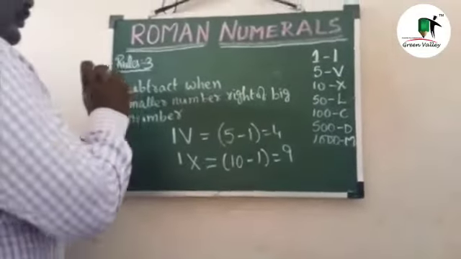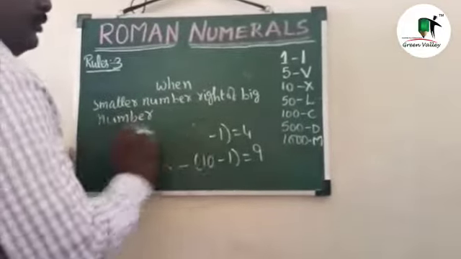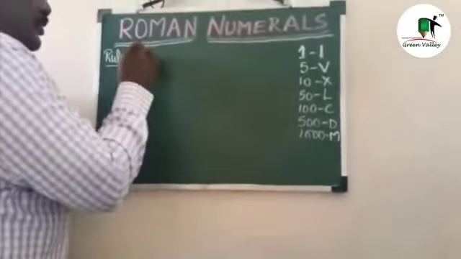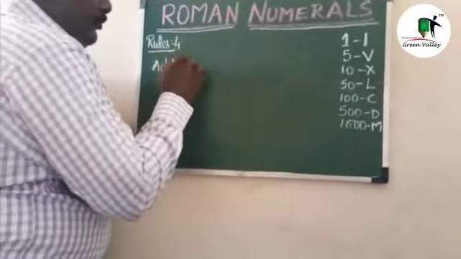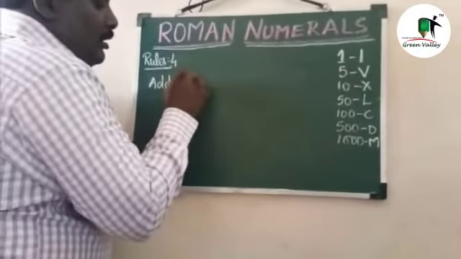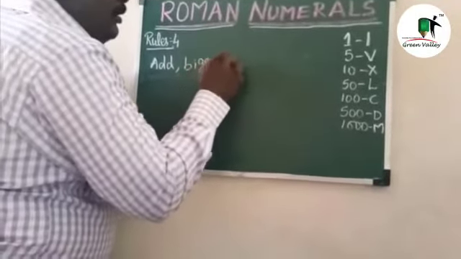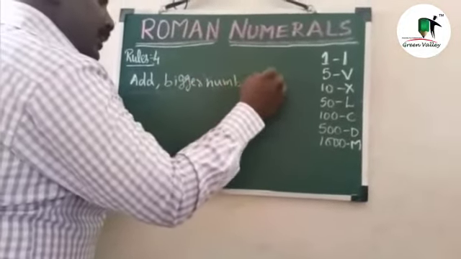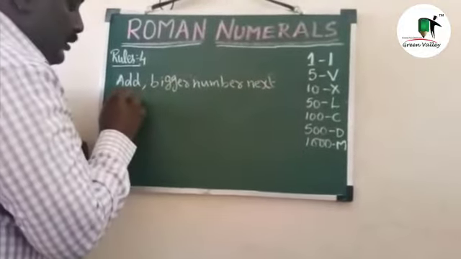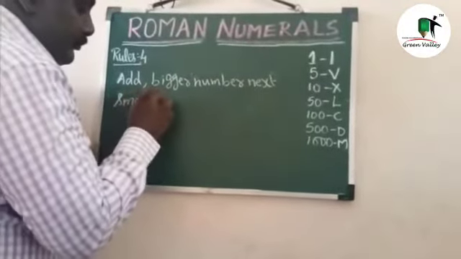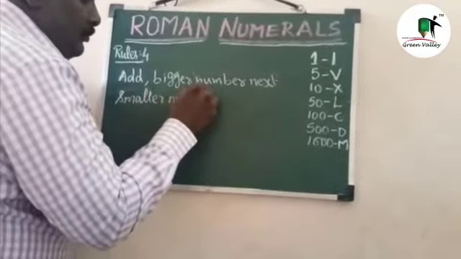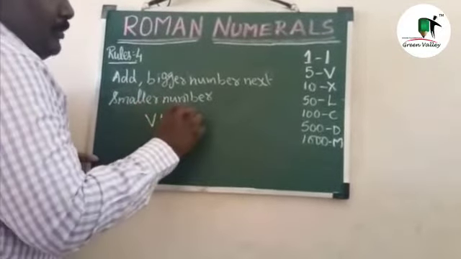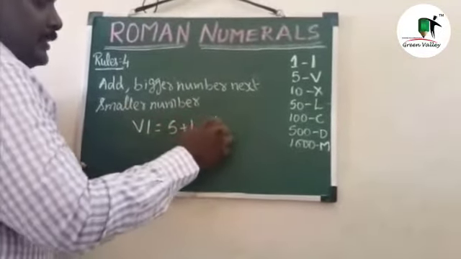Now the fourth rule: Add. When a bigger number is followed by a smaller number, add. See here, V and I: a bigger number, next a smaller number, add, 6.